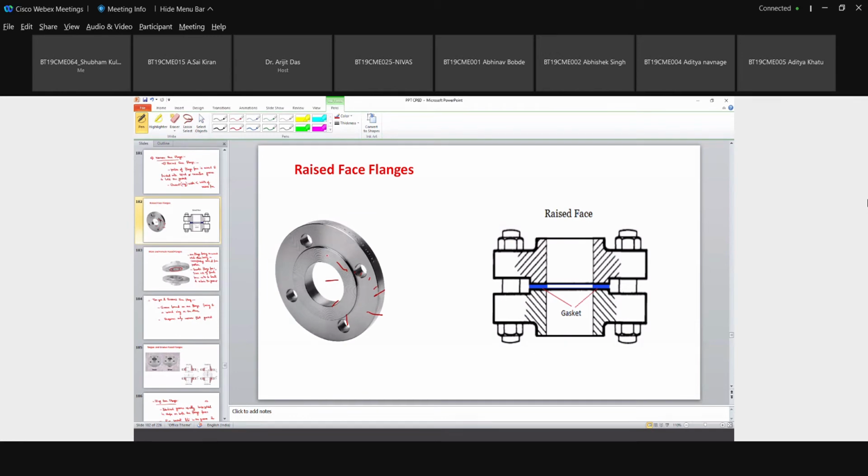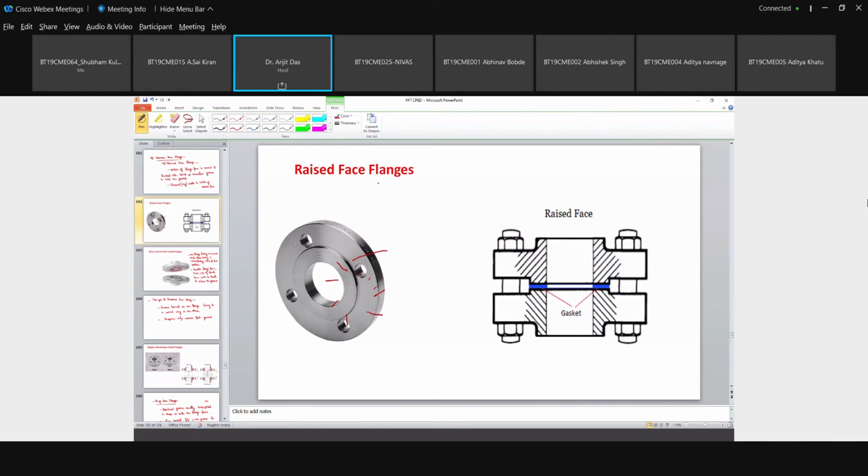So here spiral or concentric grooves are there, very minute, at micro levels, so that the gasket is properly placed there.